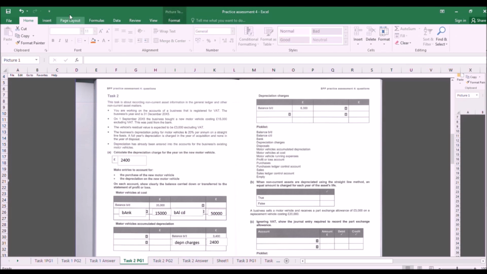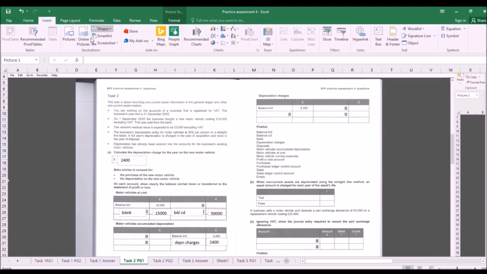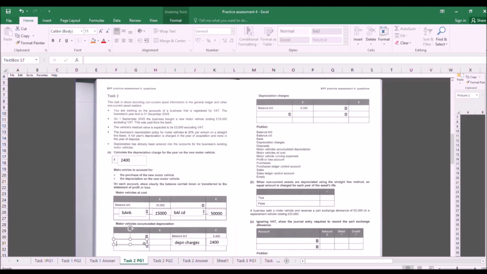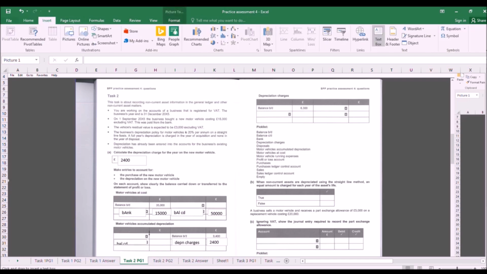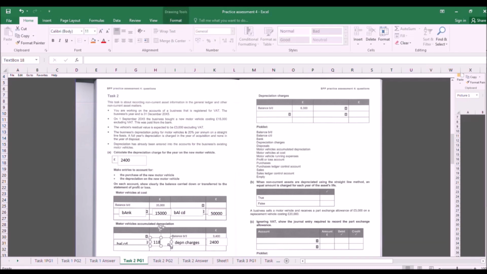And we'll have on the other side our balance carried down. So that will be 11,800, won't it? Into that. Right, and that's got that one done.